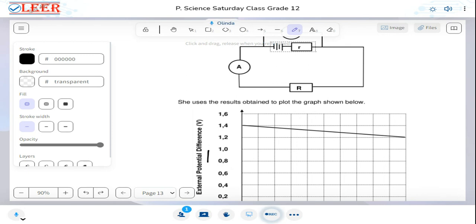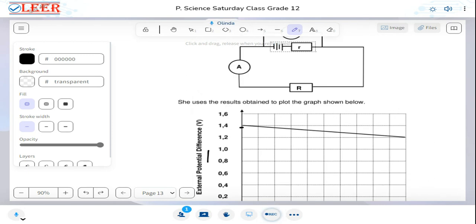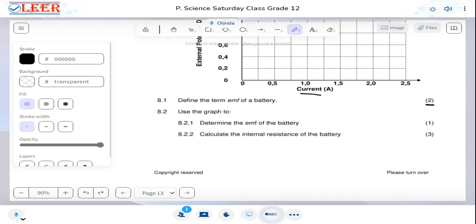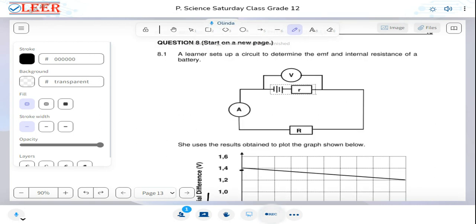Okay, so if you're gonna use that, we know that it's right here. It's 1.4 volts. Okay, calculate the internal resistance of the battery. We're looking for this one over here. That's what we're looking for.